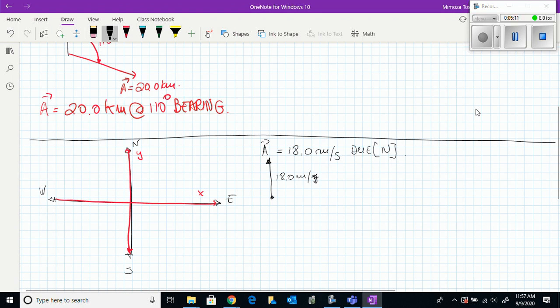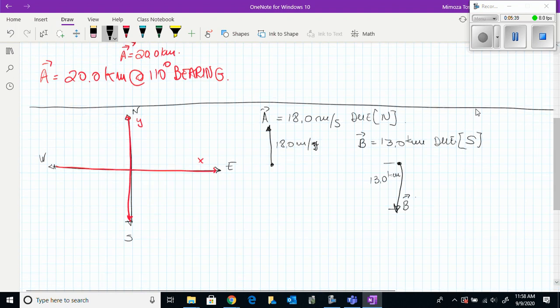Or when we have a vector B that is 13 kilometers due south, the graphical representation of that vector will be this one here, where the length of the line segment represents 13 kilometers.